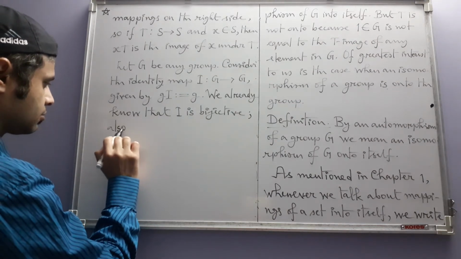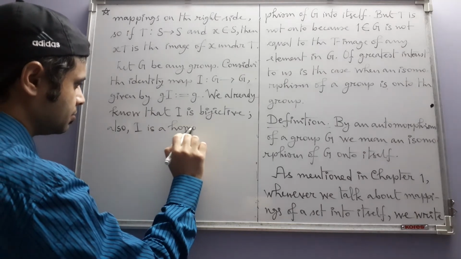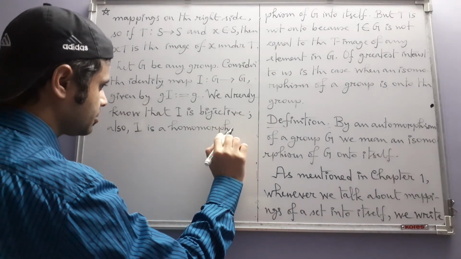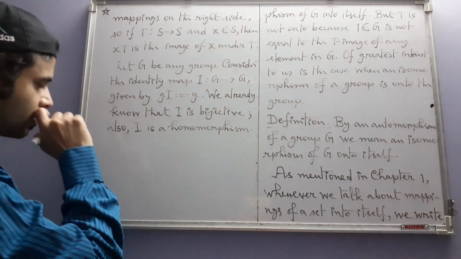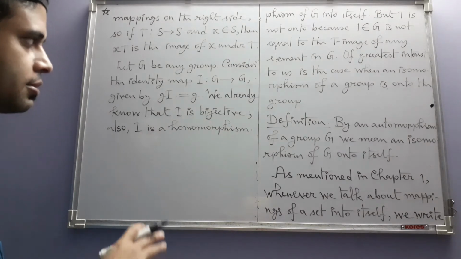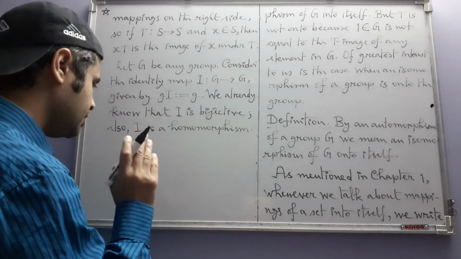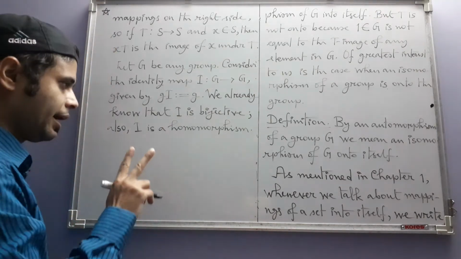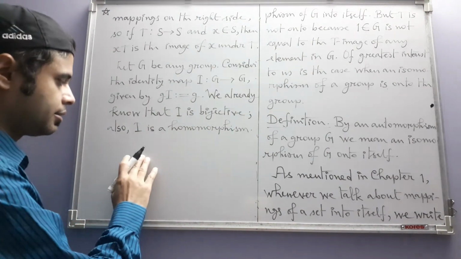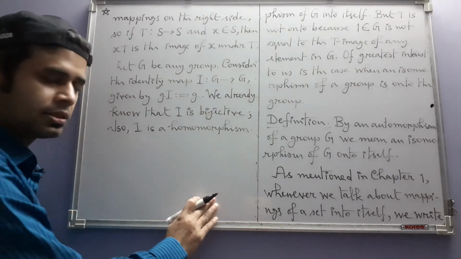Also, I is a homomorphism. This is also something we know from our very first examples of groups that we discussed after giving the definition of a group. In fact, the very first example had two mappings. One of them was the identity map, and the other is the constant map mapping every element of a group onto its identity.